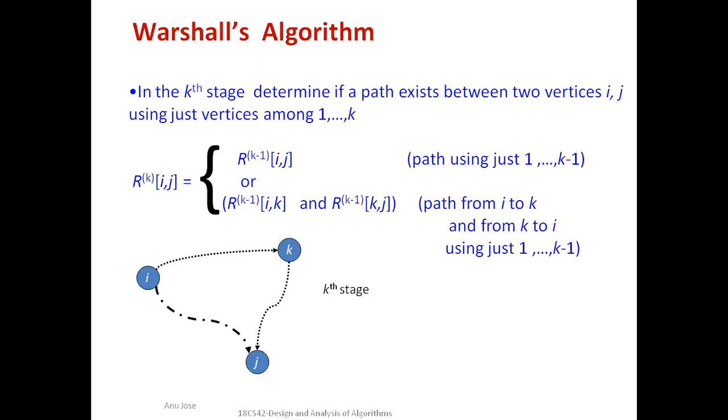So in the k-th stage, determine if a path exists between two vertices I and J using just vertices from 1 to k. So Rk of Ij, for example R3 of Ij, will be based on R2 of Ij.